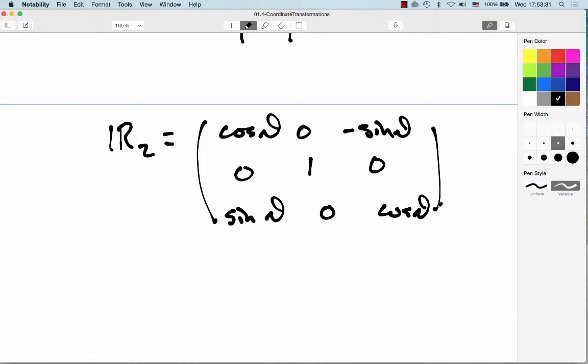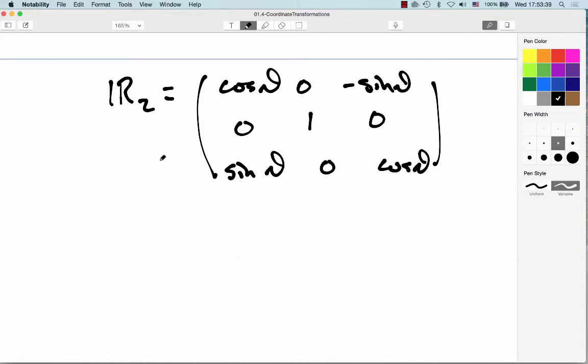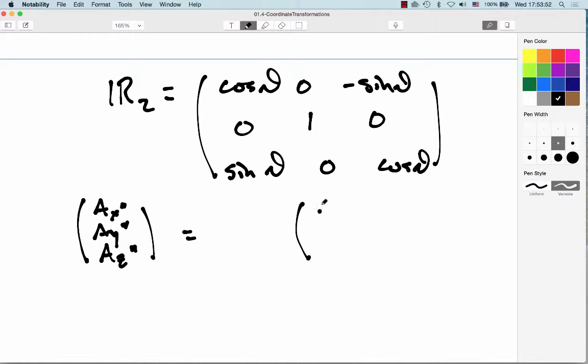So to build up the combined transformation to go from my original representation of A all the way into the double primed representation, this would be my AX double prime, AY double prime, AZ double prime, equal to, we'll start over here with my AX, AY, AZ.